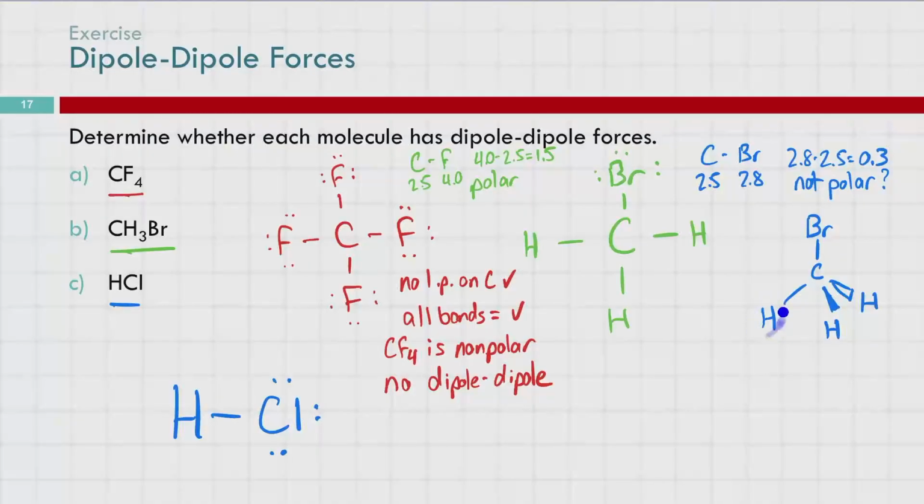And if we consider the CH bond, in the CH bond, carbon, still a 2.5, hydrogen's a 2.1. So our arrows are going to draw in towards carbon in the center. And because of the way that this tripod's laid out, all of these arrows, the ones that are the part that's pointing in towards the carbon, if we're just thinking about like flat level, those are all going to cancel out because they're evenly distributed.